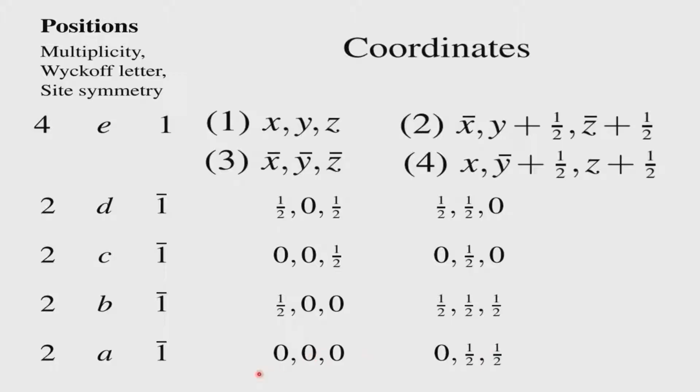So, you go to the other equivalent points, the other Wyckoff letters, we have 4 possibilities, and these 4 possibilities come at half 0, 0, 0, 0, half, half 0, half.